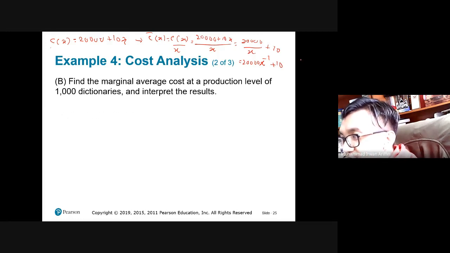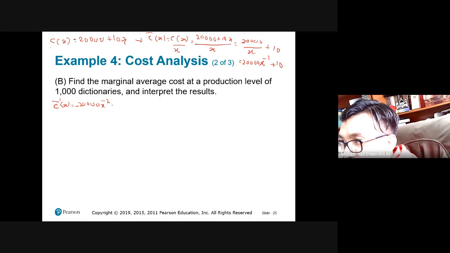So from here, we simply need to find the derivative. So C bar prime of x will give us, since this is in the denominator, so this is -1. So -1 multiplied with 20,000 will give us -20,000 x to the power of -1 minus 1, which gives us -2.